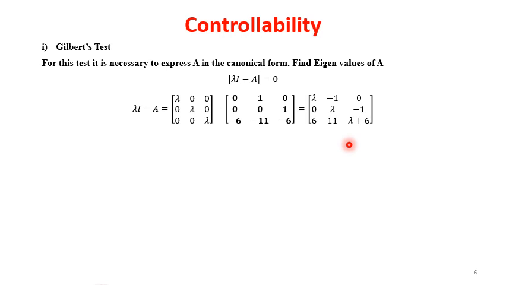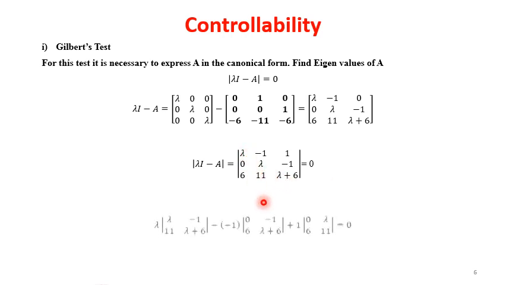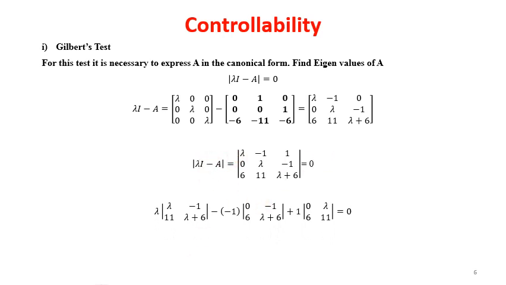Next we need to find the values of lambda. For that we find the determinant of lambda I minus A, equate it to 0, and find the lambda values. First we take lambda and find the determinant of the two by two matrix, eliminating its row and column: the first row and first column gives lambda, minus 1, 11, lambda plus 6.